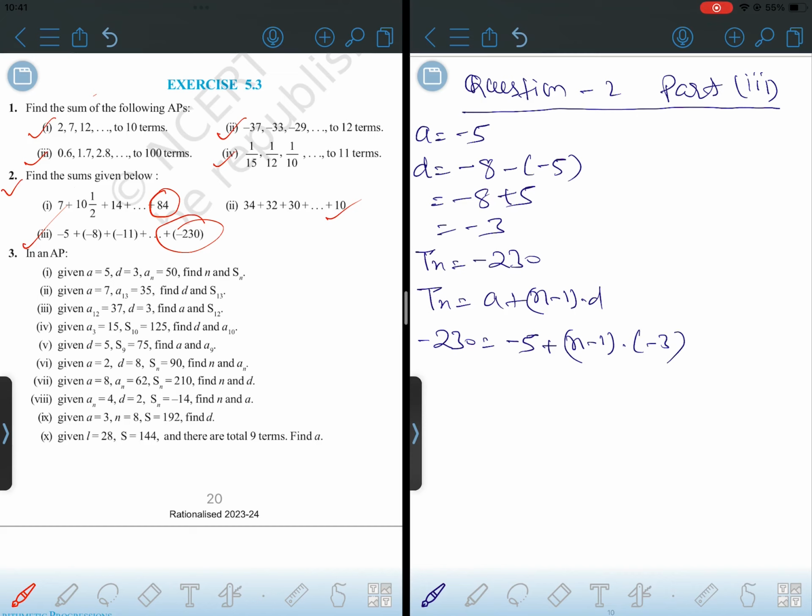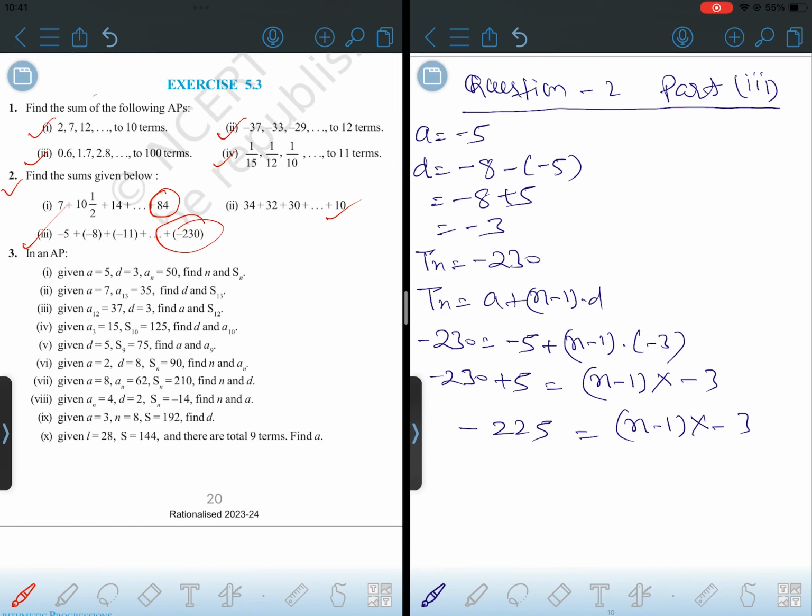So let me bring this to the left hand side. Minus 230 plus 5 is equal to (n minus 1) into minus 3. So this will give us minus 225 is equal to (n minus 1) into minus 3.